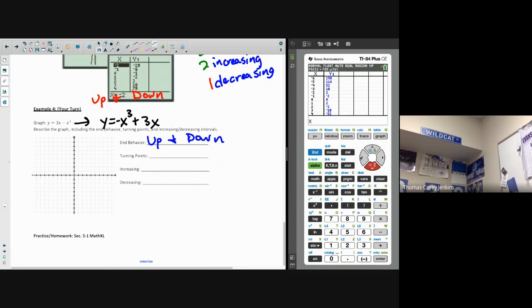It looks like from -2 to +2 is the part of the table I'm looking at. -2 maps to 2, so -2, 2. -1 maps to -2. 0 maps to 0. 1 maps to 2. And 2 maps to -2.